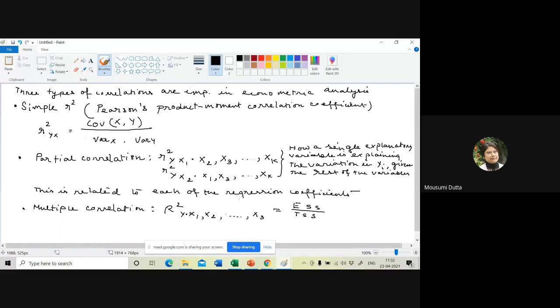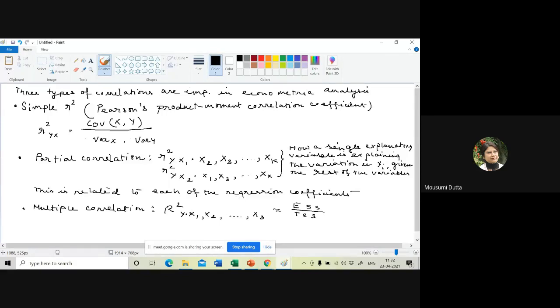The first type of correlation is the simple correlation, which is Pearson's product moment correlation coefficient. As you know, it is covariance of x and y divided by the square root of variance of x into variance of y. It measures the linear relationship among the variables.